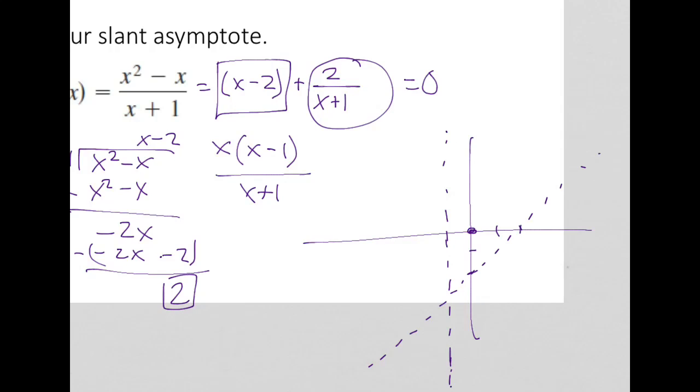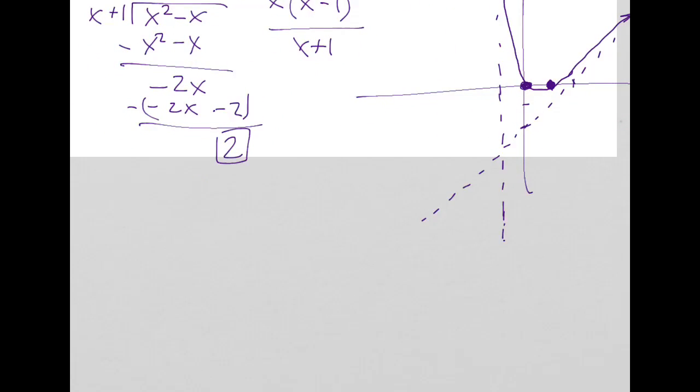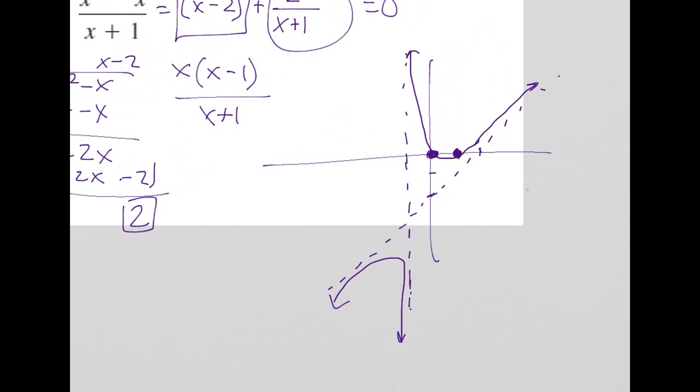I have a 0 at x equals 0, and I have a 0 at x equals positive 1. So if you think about this function staying within all of those asymptotes, this guy is going to come down like that and hit those zeros and then curve off that way. And then this fella is going to be stuck down in there. And that should be what it looks like if you graph this on your calculator. Or, roughly.